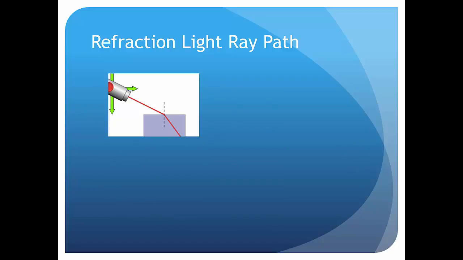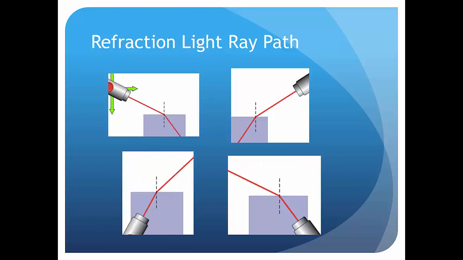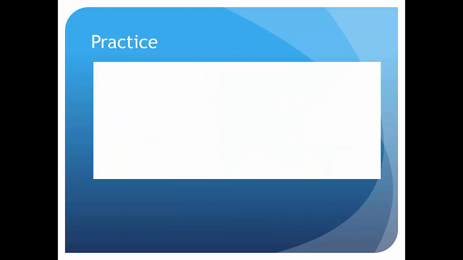The following series of diagrams shows you this pattern. Again, if you label this 1, 2, 3, 4, you find that 1 is to 3, 2 is to 4, 4 is to 2, and 3 is to 1.